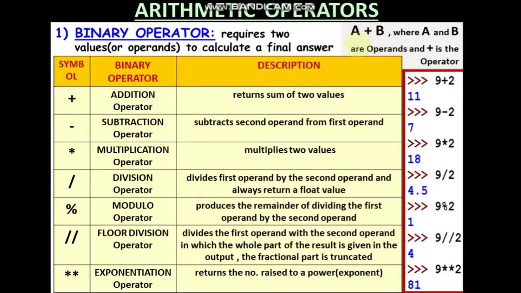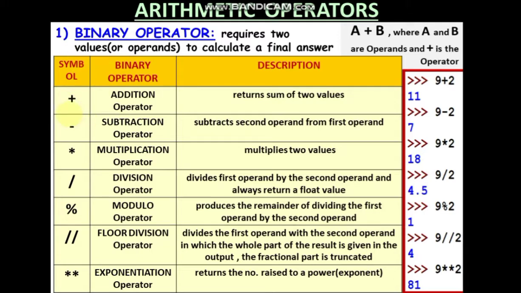Like in mathematics, you have learnt a plus b, where a and b are operands. And which is the operator? Yes, plus is the operator. So now see the different binary operators, and now you have understood why this is known as binary, because it needs at least 2 operands.